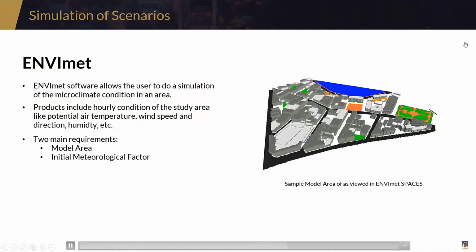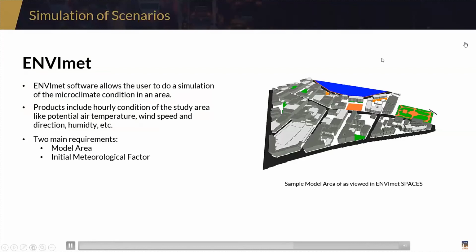And other environmental condition. So yung two main na hinihingi ni NVMet kapag magpa-process ka nito is one is yung model area. So the model area is yung representation ng city mo, urban layout mo, urban structure, study area mo.